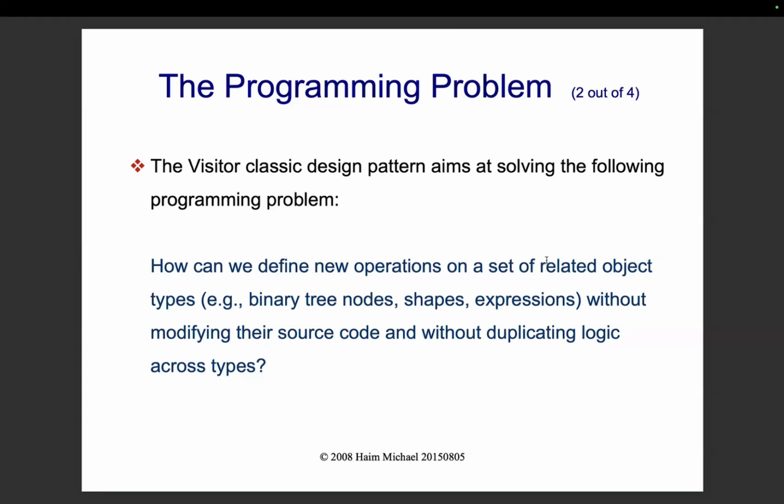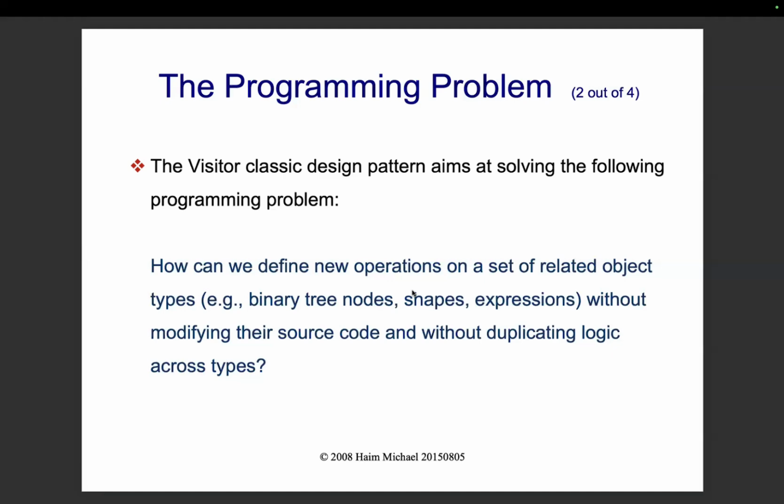So we can put it in simple words. The programming problem for which visitor was developed is how to define new operations on a set of related objects, such as objects that are created from various classes that belong to the same hierarchy, without modifying their source code and without duplicating logic across types.